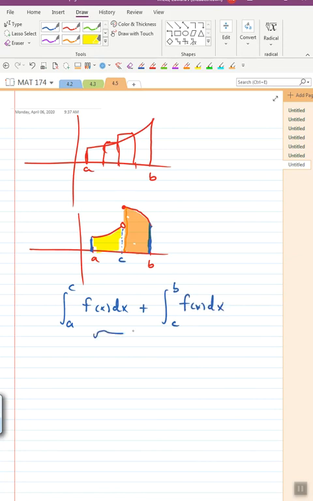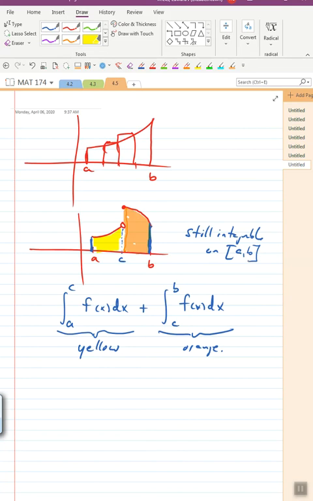And if this is our new designation, this so-called definite integral for the limit of the Riemann sum, this should give me the yellow area in the picture. This should give me the orange. Okay, which means the answer to your question is, for this picture, the function is still integrable on this interval.